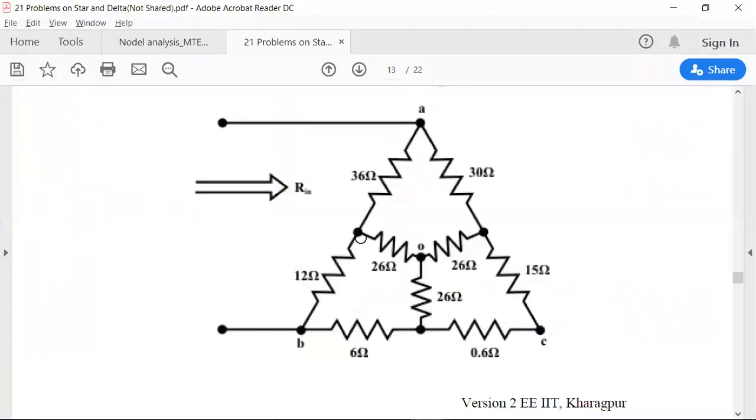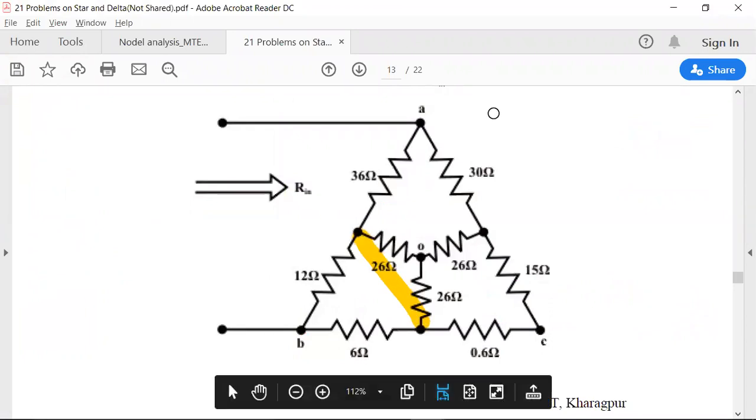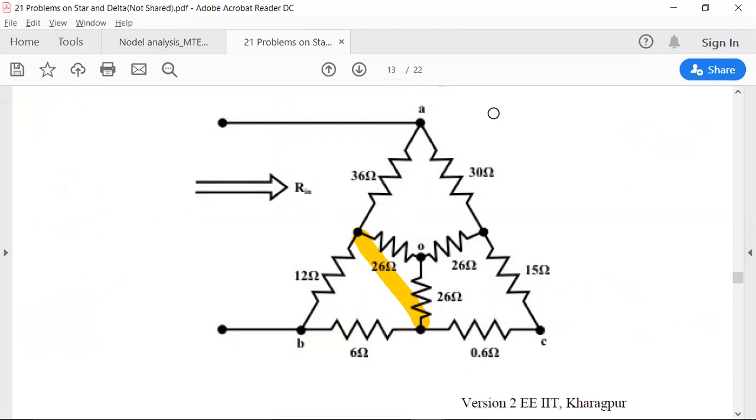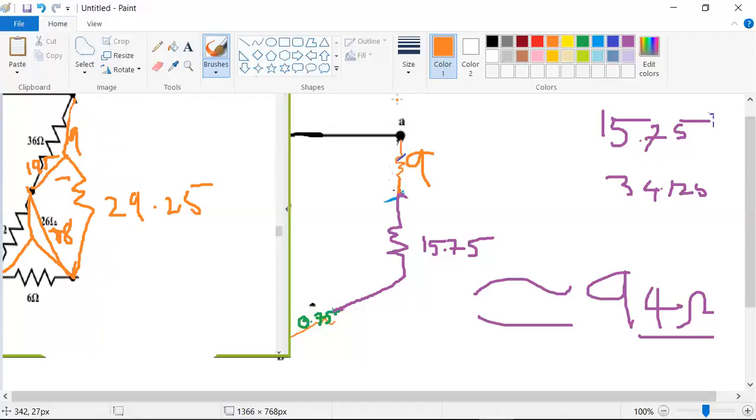Whatever the value, this value is 78. 78 plus 6 plus 12, that is 96. 78 into 6 by 96. Then this will be 4.875.